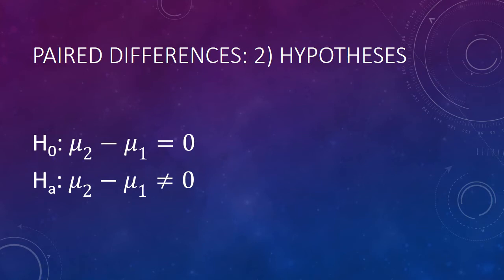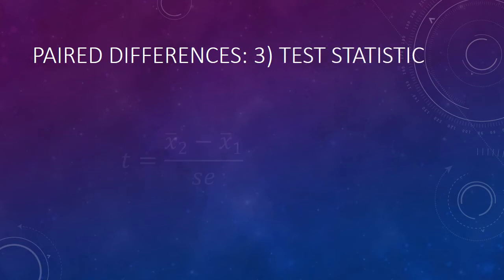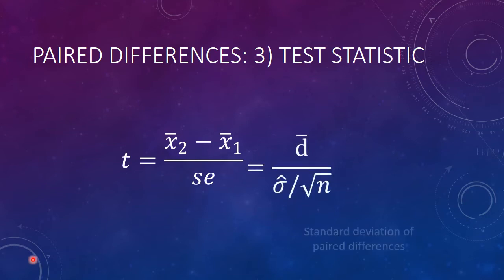Next, we have our test statistic. We take the difference in the sample means of the two sets of measurements, x2 and x1, and divide by the standard error. Or another way of putting this is we take the average of the differences for each pair and divide by the standard error. Remember that the standard error for a mean is the standard deviation divided by the square root of n.